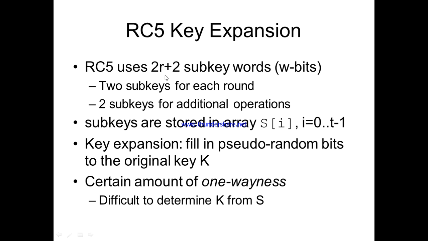If I am using 12 rounds, 12 into 2 is 24 plus 2, that is 26 subkey words. Each word is W, which is 32 bits. So 32 into 26 bits I require.